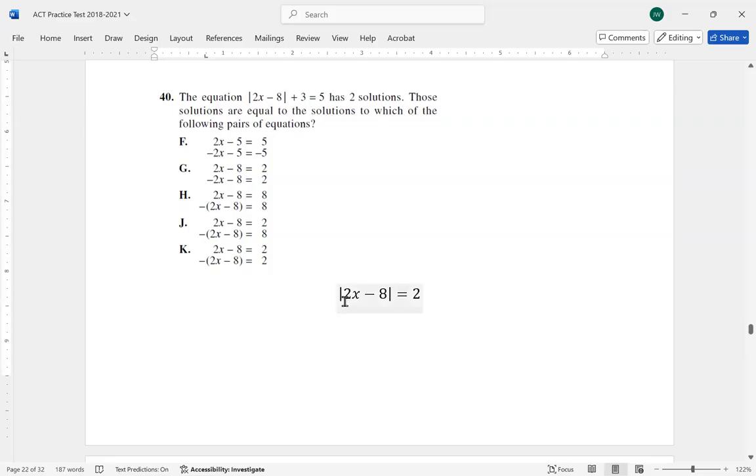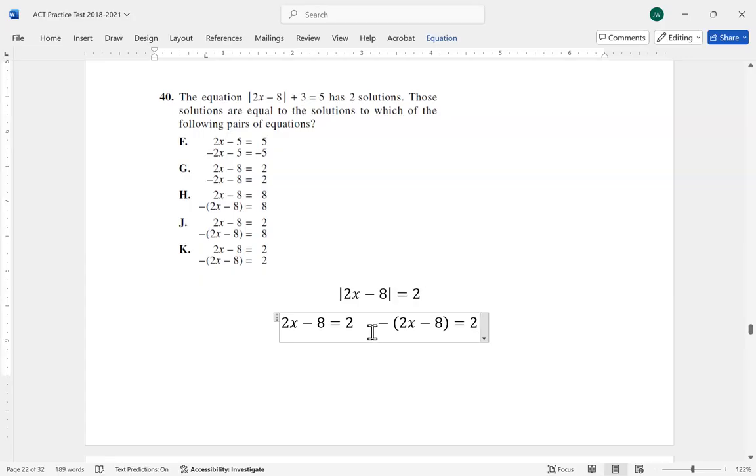Now that means this thing inside could either be equal to a 2 or this thing inside could be equal to a negative 2. Another way to say that is that either the 2x minus 8 could be equal to a 2, or the opposite of 2x minus 8 could have been equal to a 2.